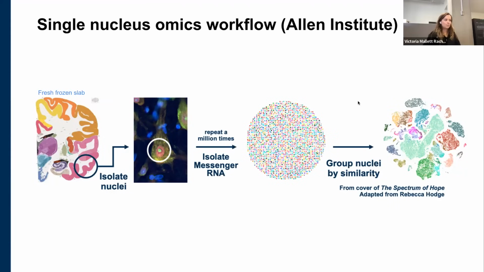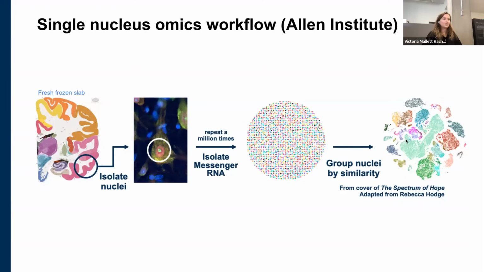Most people are familiar with this process now of a general single nucleus omics workflow. This is the MTG shown here. It will be dissected out, and then they will isolate nuclei. Then they use 10x, so this goes through a droplet-based single nucleus RNA sequencing approach where every single mRNA transcript is barcoded within a given cell and then sequenced.